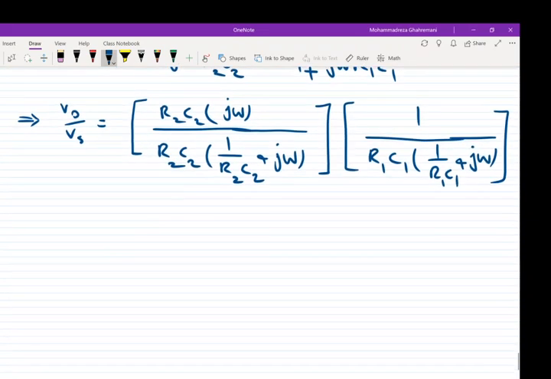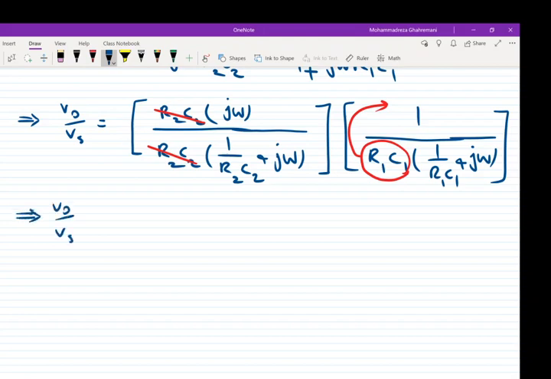Okay, now that we have these equations, we can simplify them. So this one is cancelled with this one. Okay, and what else can we do? Let's see what we can do. Okay, we bring this R1C1 from the denominator to the numerator and write it in this way.